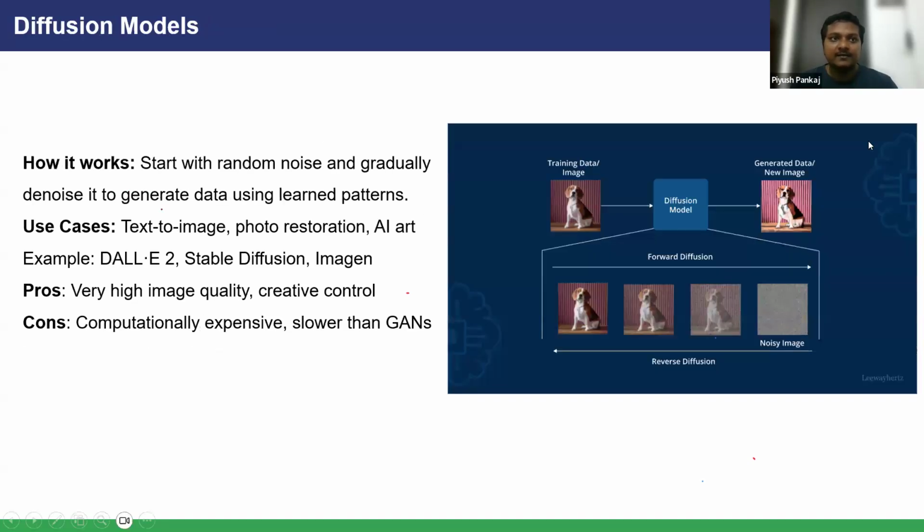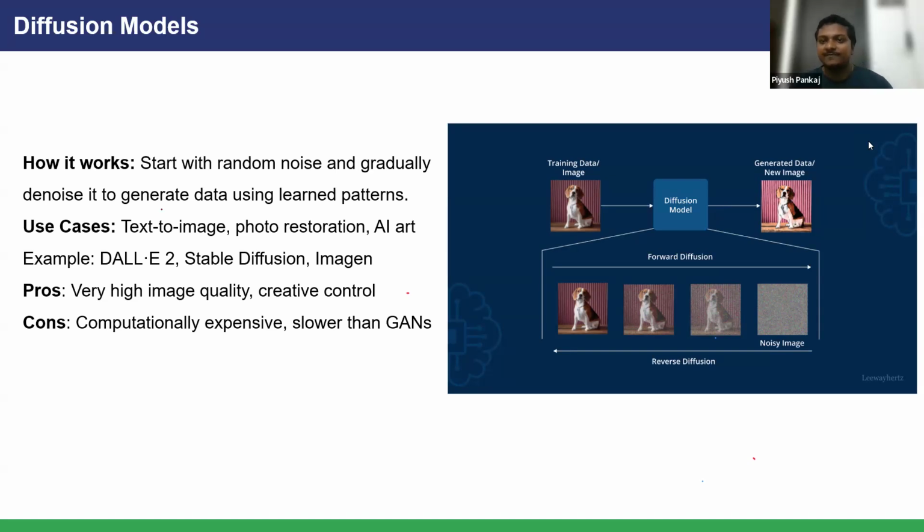Let's go ahead. Then we have the diffusion model. The diffusion model was basically used to create images and videos. You might have heard about DALL-E. DALL-E we mostly used for images or photo restoration.